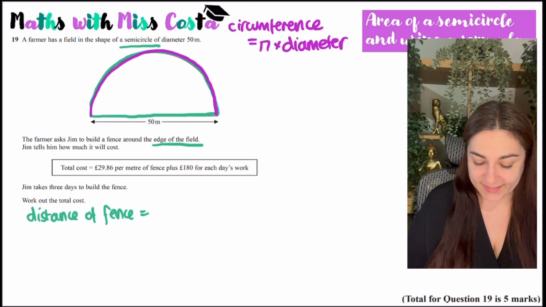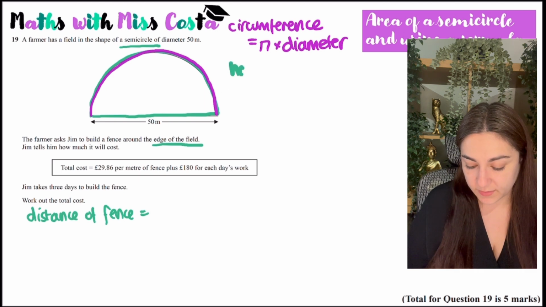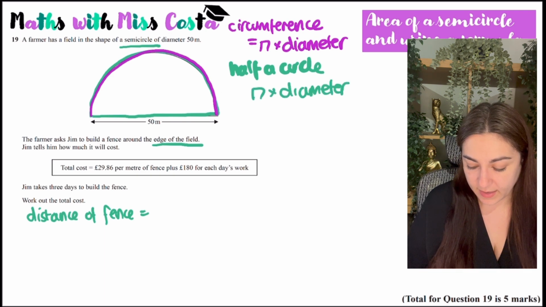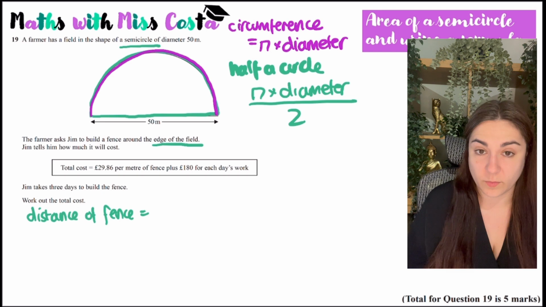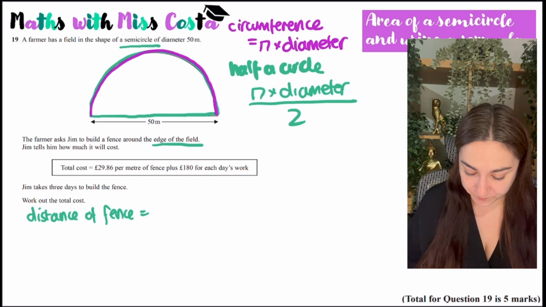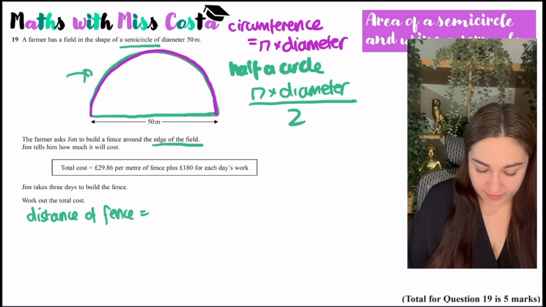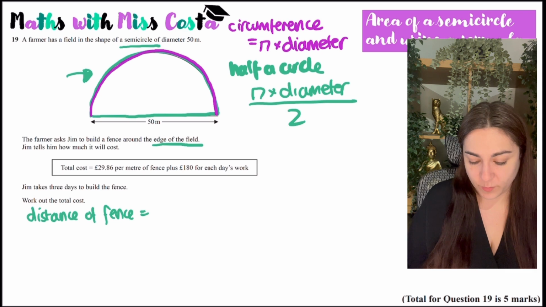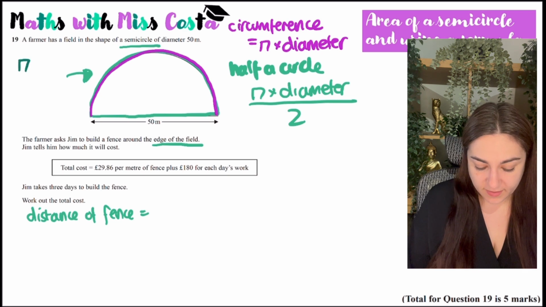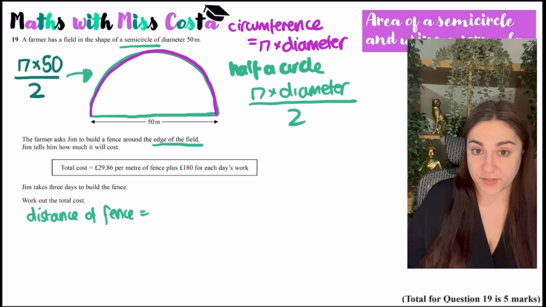But because this is half a circle, what I would do is pi times the diameter and then half it, which is the same as dividing by 2. So the diameter is a line from one side of the circle to the other, and pi times the diameter would be pi times 50, and then I'd have to divide it by 2.